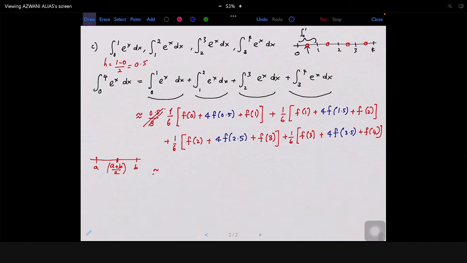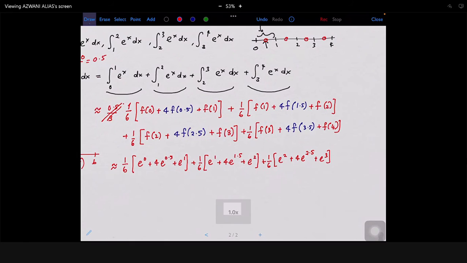Alright, so proceed. 1/6 of e^0, exponent X pada X is equal to 0, so E0 plus 4 E0.5 plus E1, plus 1/6 E1 plus 4 E1.5 plus E2, E is for exponent, plus 1/6 exponent 2 plus 4 exponent 2.5 plus exponent 3.